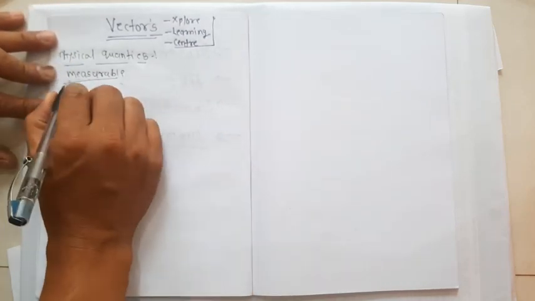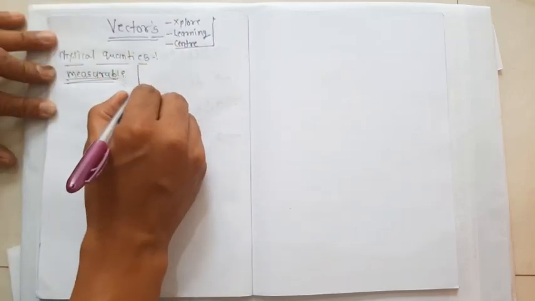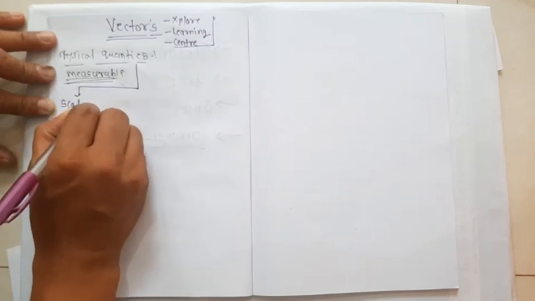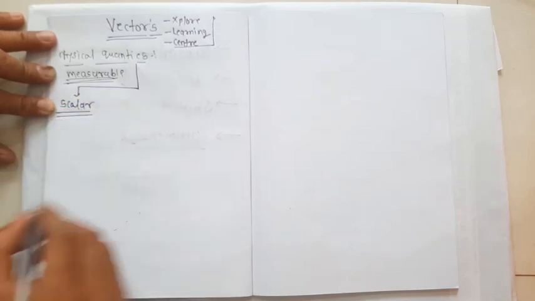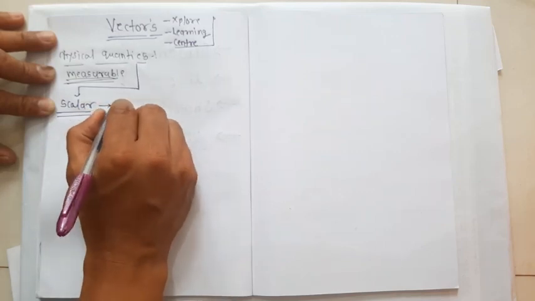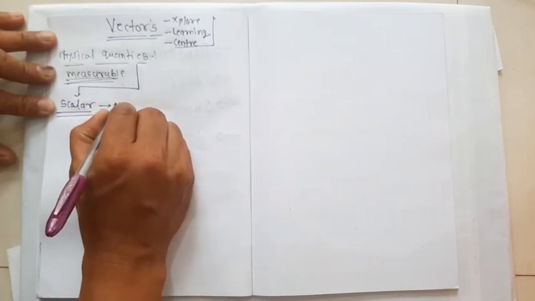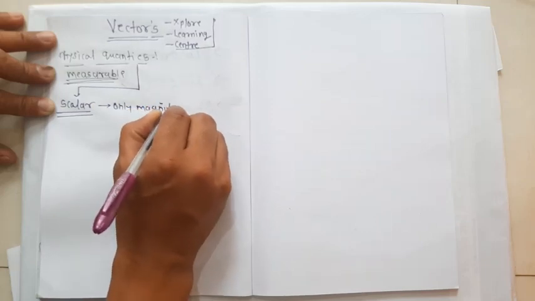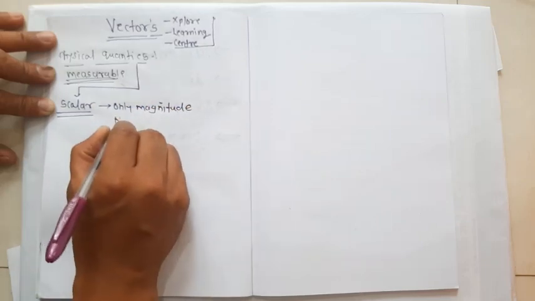These physical quantities are divided into two types. One is scalar quantities. A scalar quantity means one which has only magnitude, no direction.